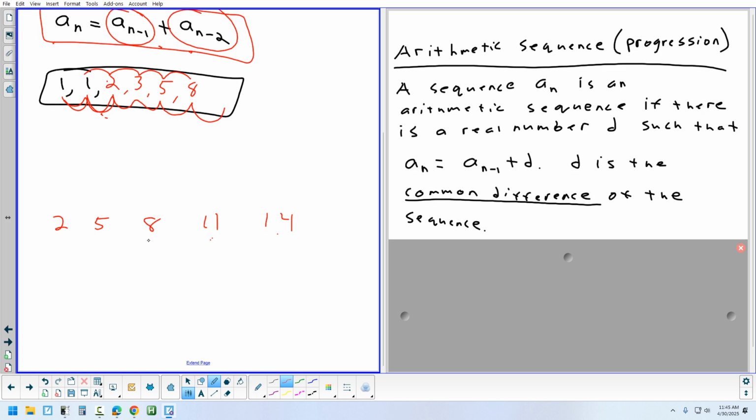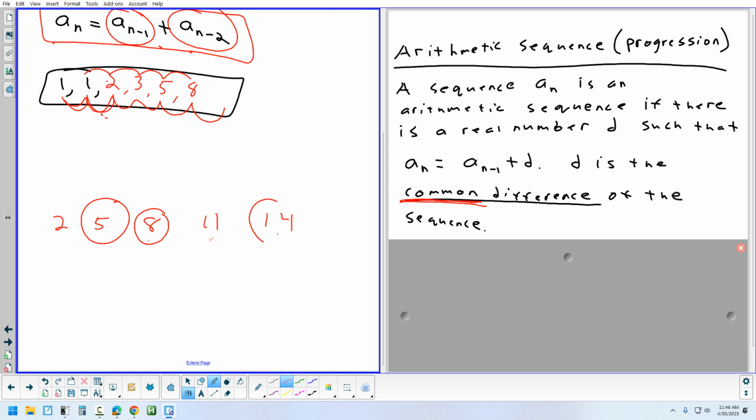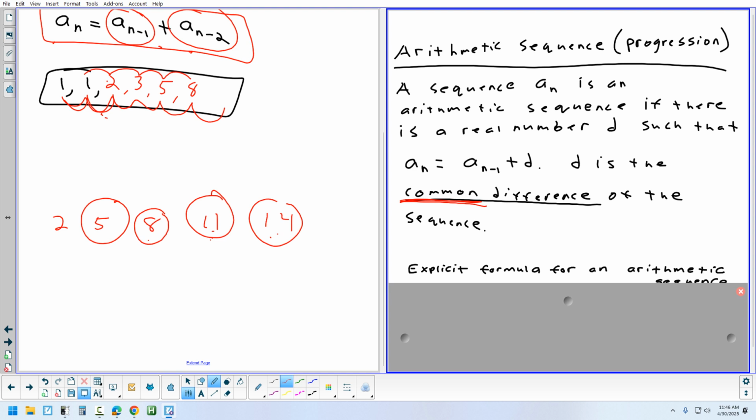So they call it a common difference because if you take any term and find the difference with the one before it, it will be the same. It will be common for everything. Take a term, subtract the one that's before it, it will always be 3. So 3 is called the common difference.